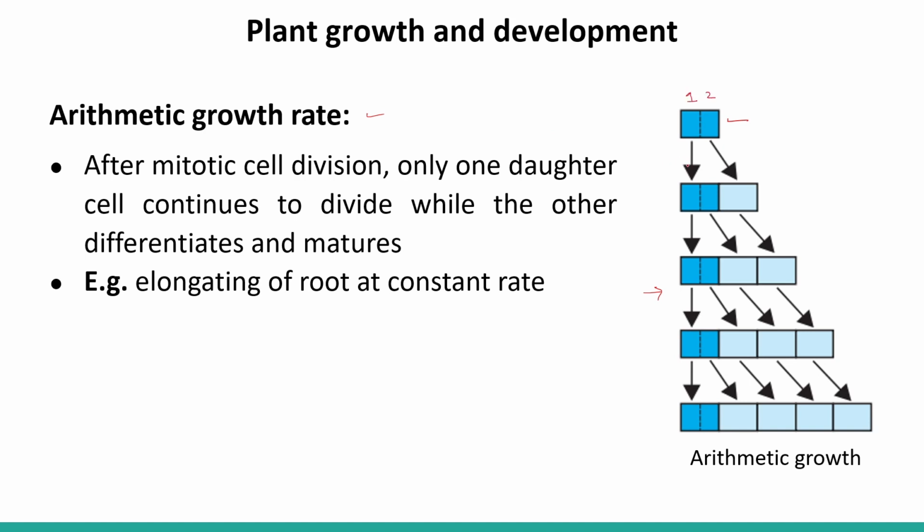One of the cells will divide here into two cells, whereas the other cell matures, meaning it will not divide. After maturation, the cell loses the ability to divide. So one cell divides whereas the other matures.